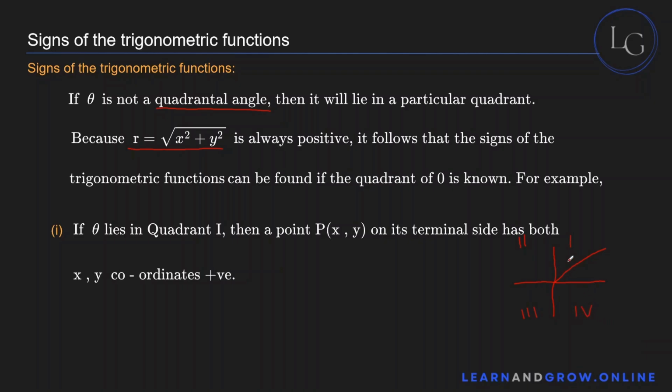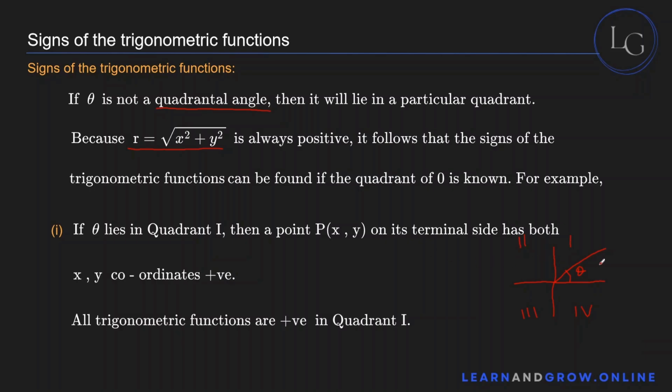If theta lies in this quadrant, then obviously the value of y and the value of x are both positive, and so that's that. So all the trigonometric functions are positive in quadrant 1.